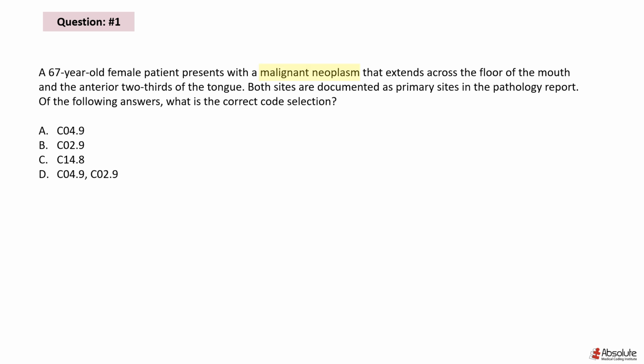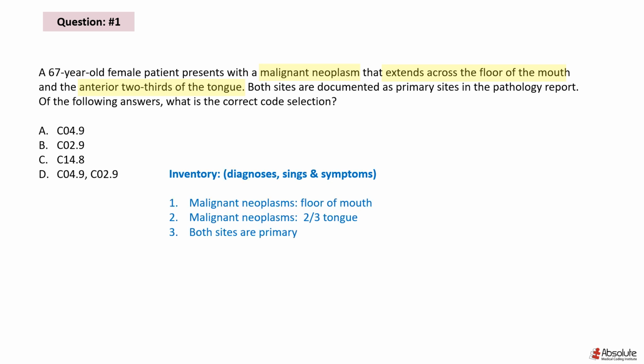First things first, I'm inventorying my key terms: malignant neoplasm, and the location of that neoplasm extends across the floor of the mouth. Also, the anterior two-thirds of the tongue. And it says both of these sites are primary. So my keywords, my inventory is in blue, but I want to show you something.